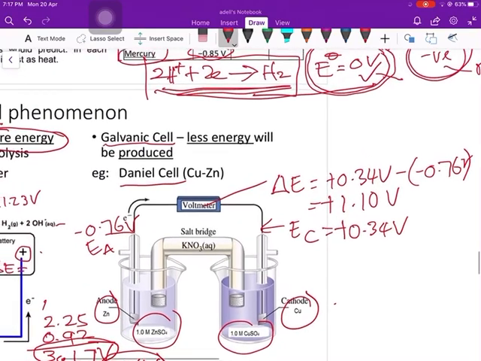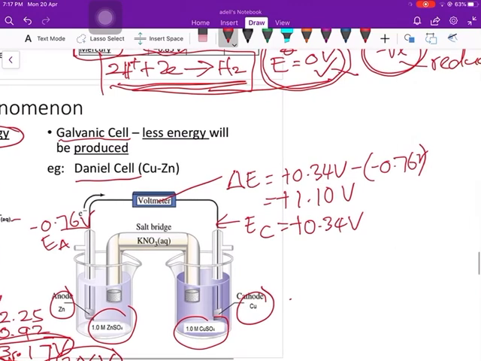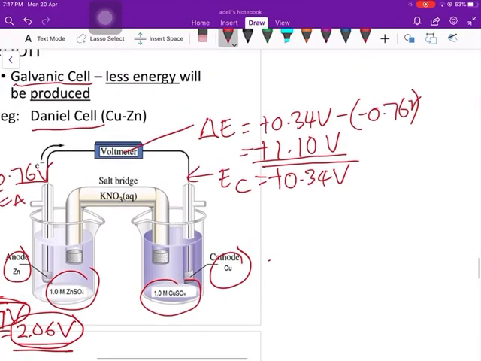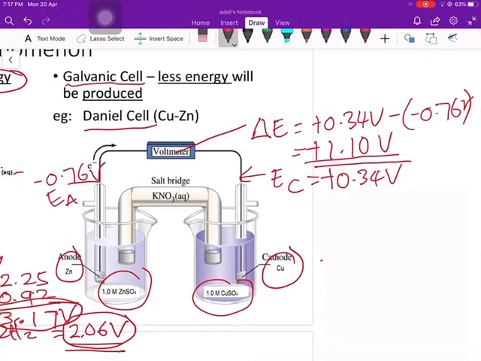But if the overpotential phenomenon occurs in the galvanic cell, you should expect less energy, not 1.10 but less than 1.10. Because here at the cathode the amount of voltage produced should be lower, as well as this area will be more positive.